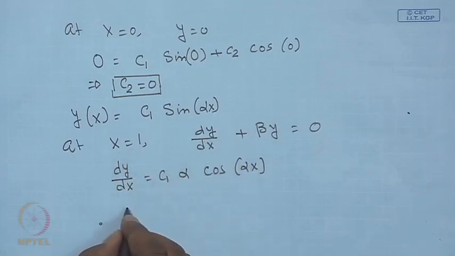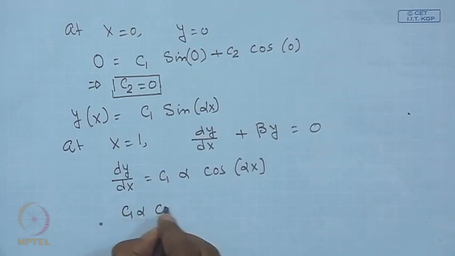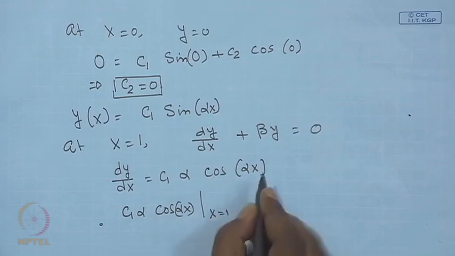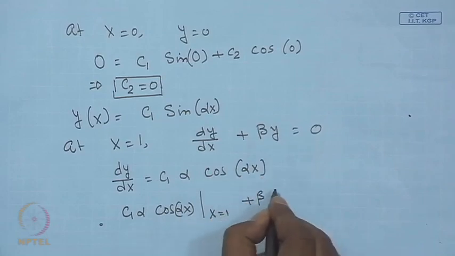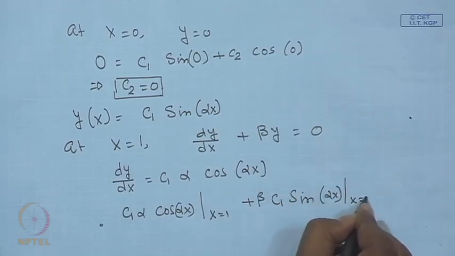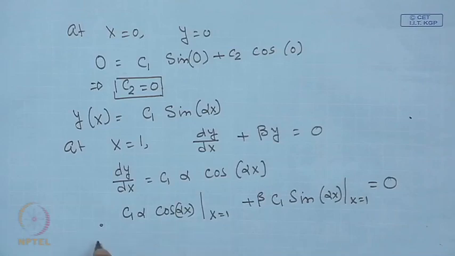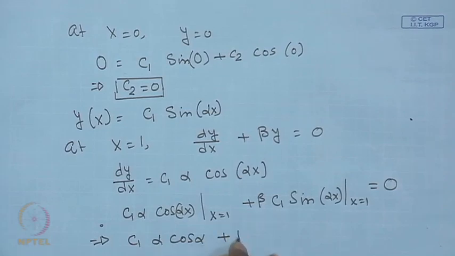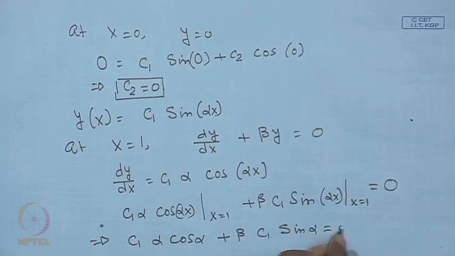So dy dx is C 1 alpha cosine alpha x evaluated at x is equal to 1 plus beta times y, which is C 1 sin alpha x evaluated at x is equal to 1, is equal to 0. So C 1 alpha cos alpha plus beta C 1 sin alpha is equal to 0.